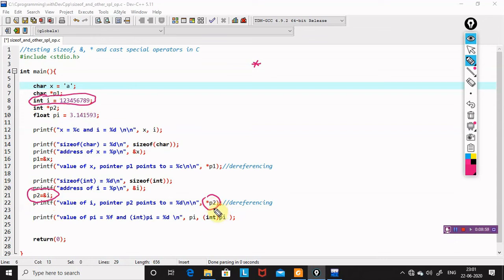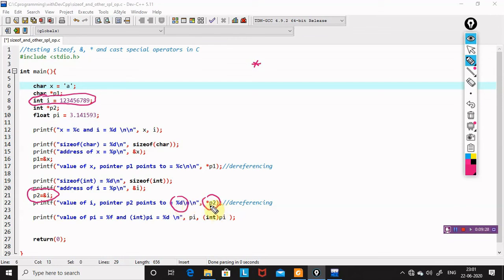That means when we write star P2, the value of the variable that P2 points to, which in this case is nothing but I. Why? Because P2 contains the address of I. That value of I is referenced in a roundabout way, and this value is printed over here. Now, since this value is an integer, we use the format specifier %d.